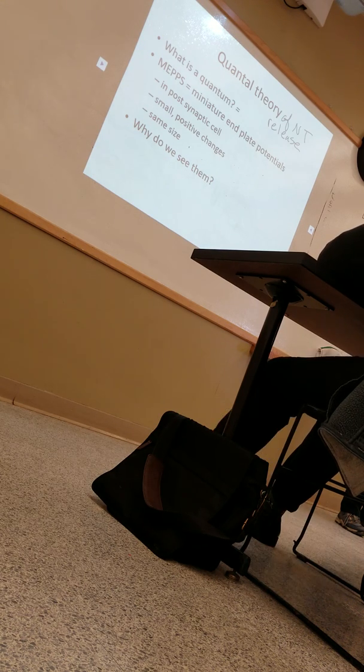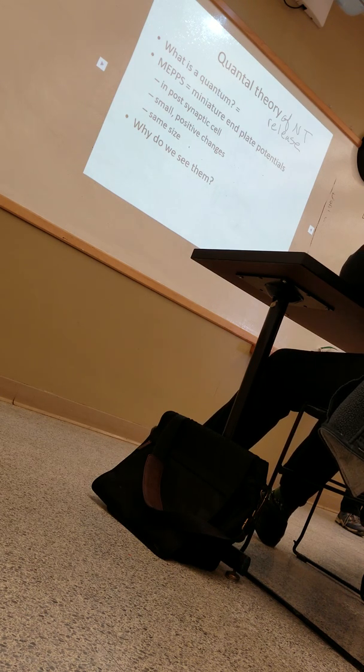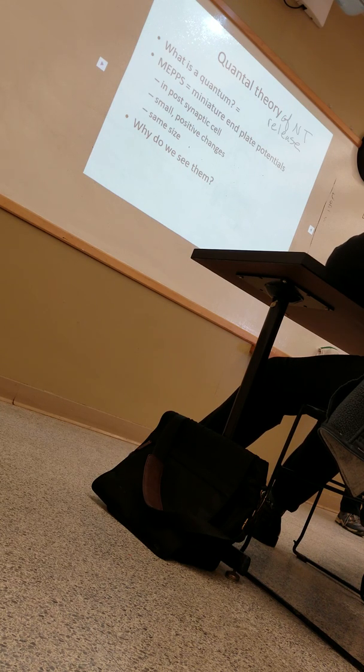It's really important to start out by defining what a quantum is. And I always go back to physics and to the study of light. So what's the unusual thing about light? Light is a wave, right?